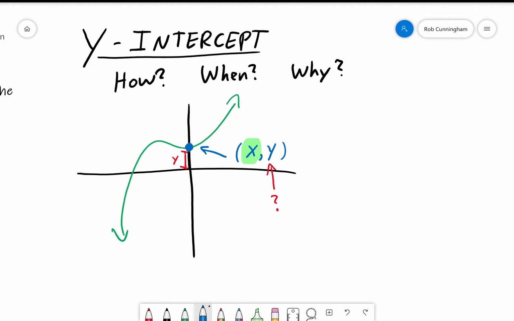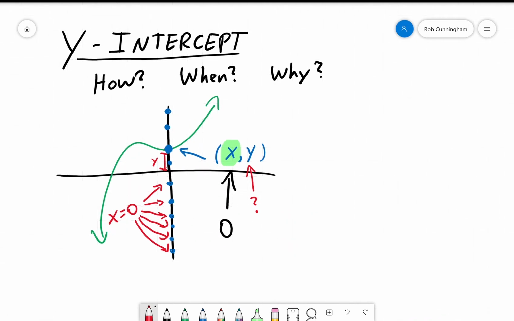No matter where on that y-axis the y-intercept is, I know that the x value is 0 for all of these. X equals 0. The y values are all different, sure, but the x value is always 0.